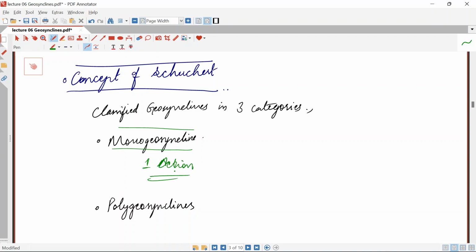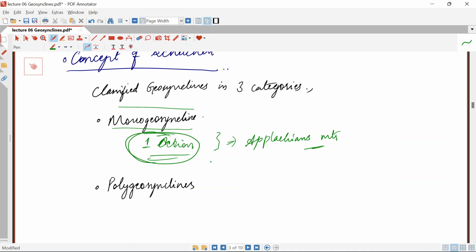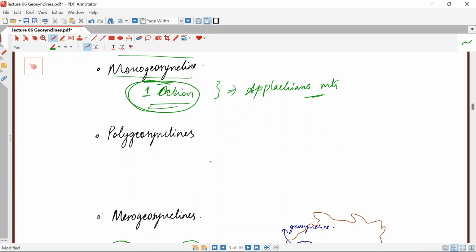The formation of mountain basically takes place in a single phase, so that is known as monogeosyncline. The best example is the Appalachian Mountains, which were formed by a single phase. Then we'll see the polygeosyncline.